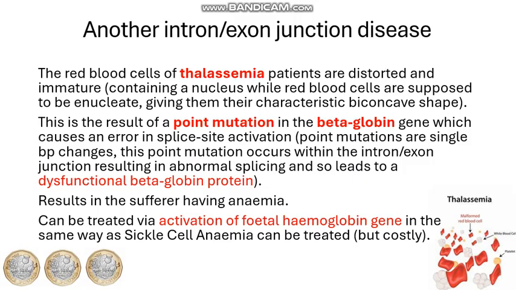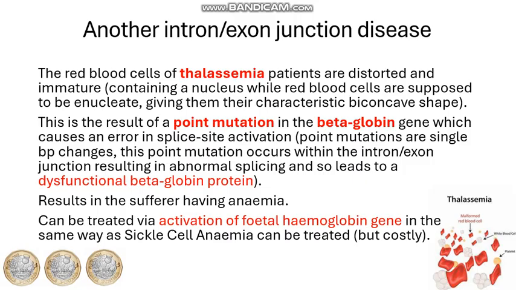This dysfunctional beta globin protein causes the odd characteristics of thalassemia and causes the symptoms of anemia, and we can treat it via activation of fetal hemoglobin genes, because of the mutated version of the adult globin gene, which is causing the thalassemia.